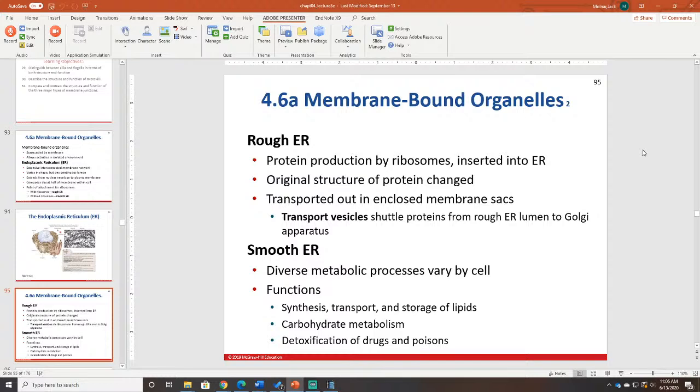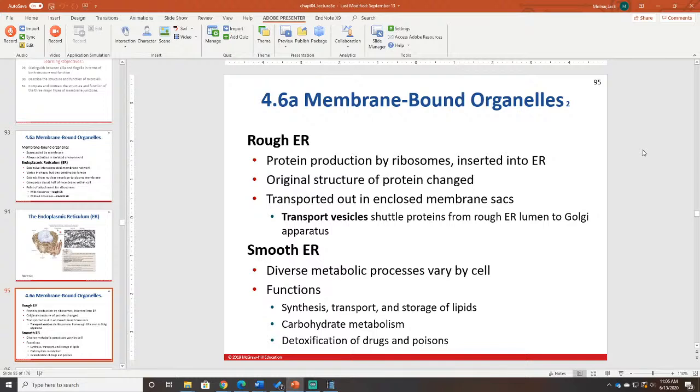Ribosomes are what actually produce the proteins, and they are attached to the endoplasmic reticulum. The original structure of the protein will be changed as it's produced, and then it'll be transported inside of vesicles, which are enclosed membrane sacs, to the Golgi apparatus. So we begin protein production in the rough ER with ribosomes, and then we will transport them in a vesicle from the rough ER to the Golgi apparatus.